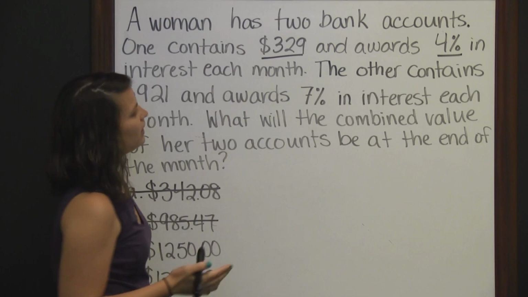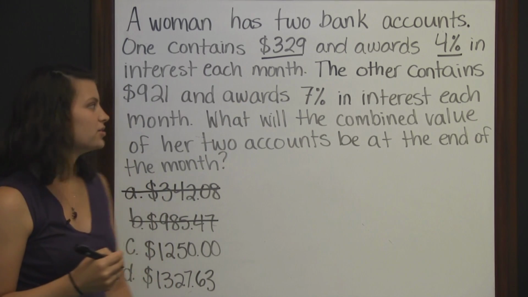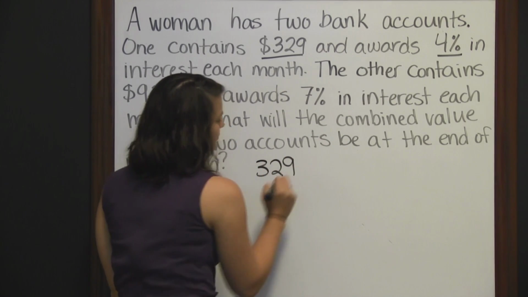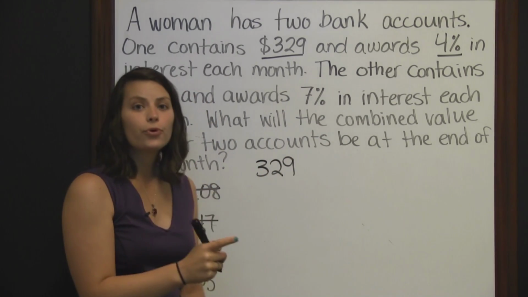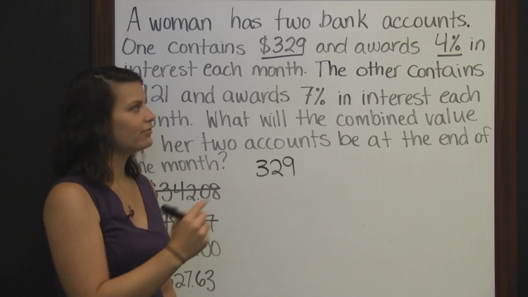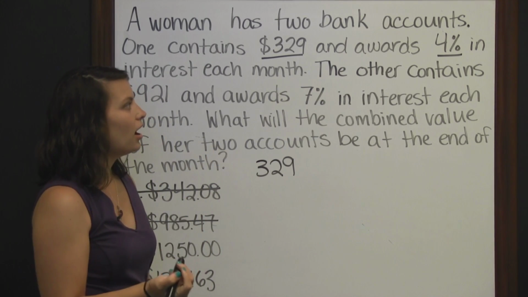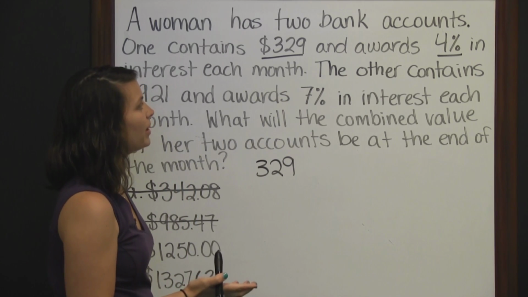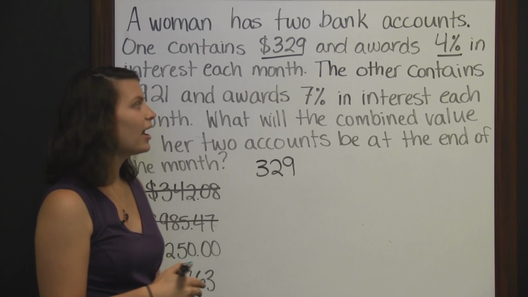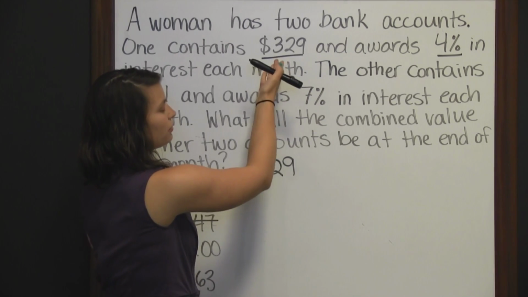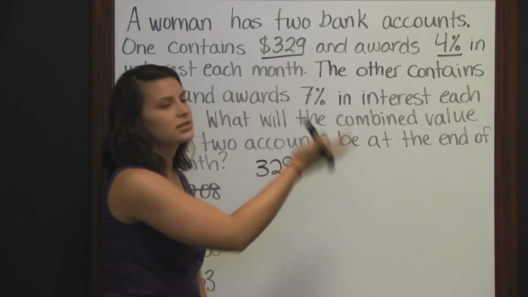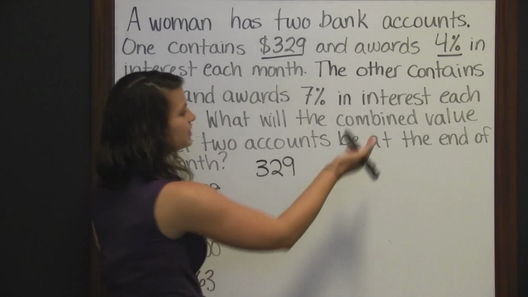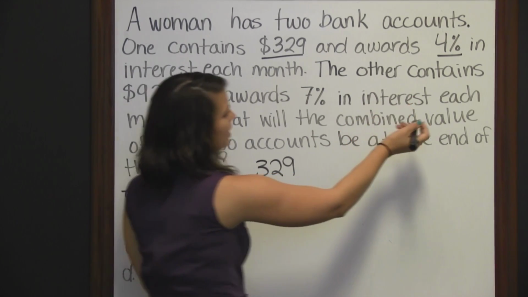So let's start with the account with $329 in it. She has $329 and she earns 4% of that every month. Of means to multiply. If we want to find out how much interest she earns on an account, we need to multiply $329 times 4%, which means we have to change our percent, 4%, into a decimal.